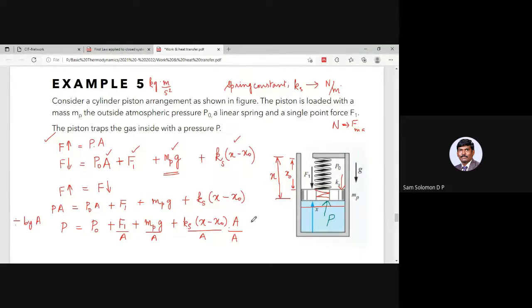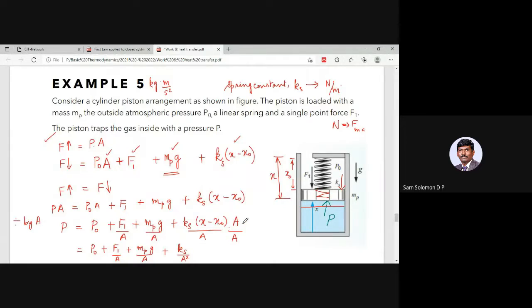So nothing is violated mathematically. So I can write this as P naught plus F1 by A plus MPG by A plus Ks divided by A squared.